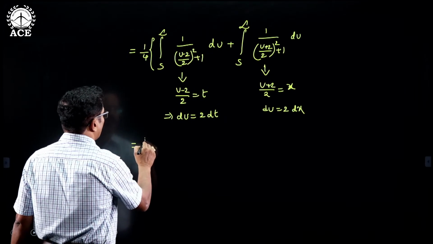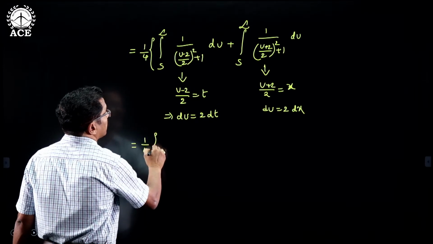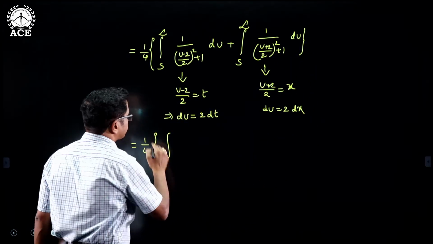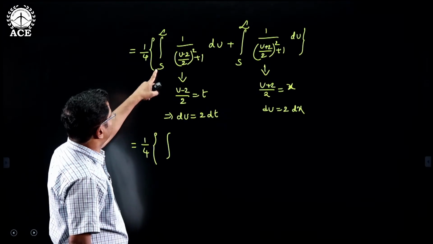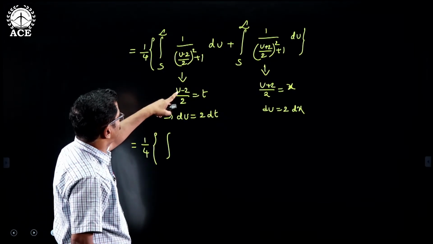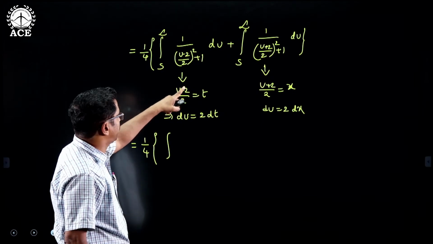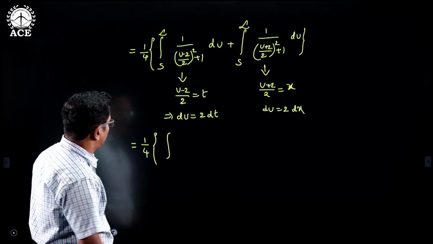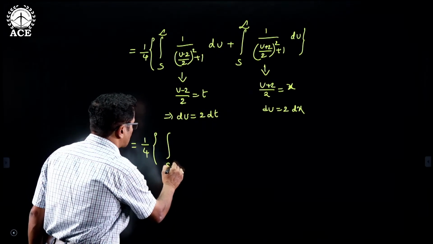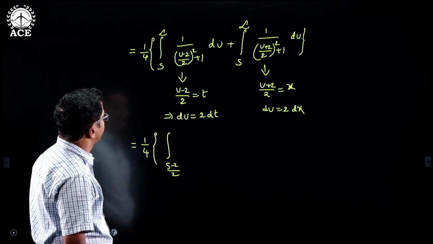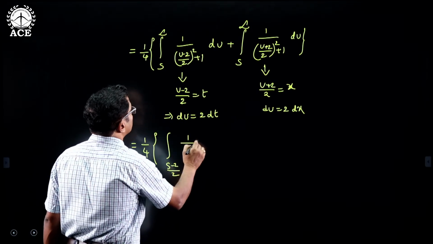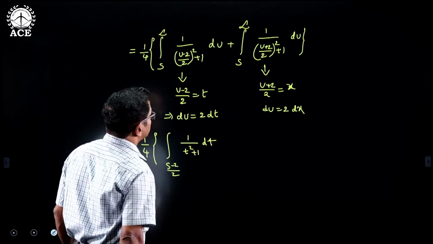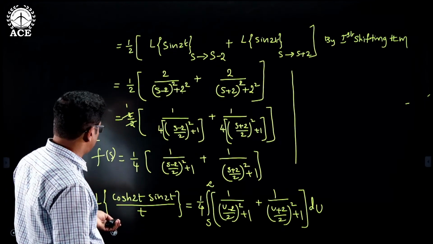Which is equal to one fourth integration, and in the place of u, if I give (s minus 2) by 2, you will get, of course, (s minus 2) by 2, 1 by t square plus 1 into dt, where I did somewhere.